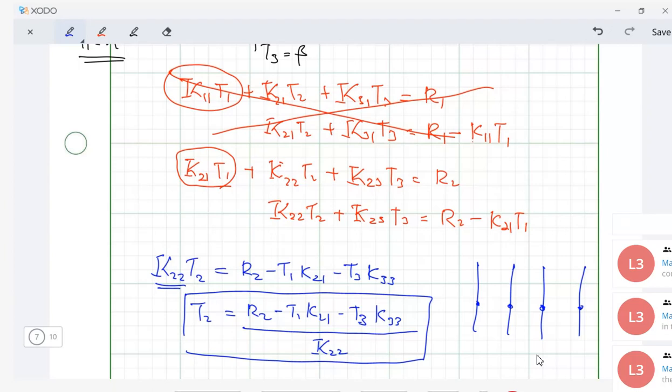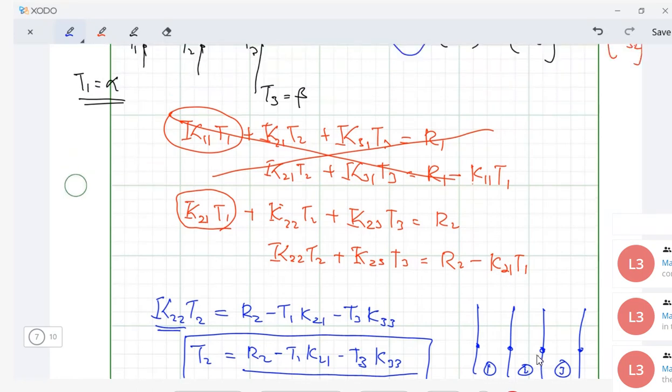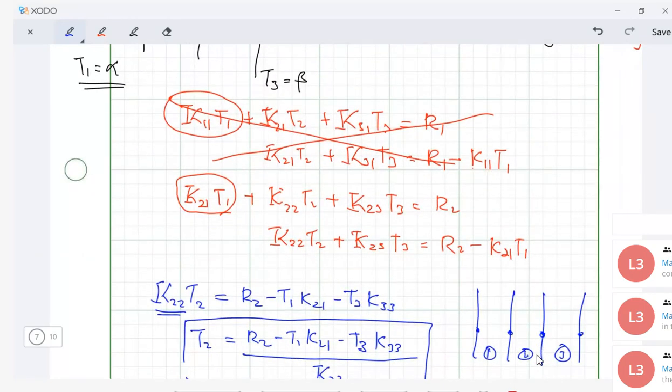So what we are left with are 2 unknowns. So this one you have to use a matrix. This is 3 layers, so 3 elements: 1, 2, and 3. But 2 elements is very straightforward.